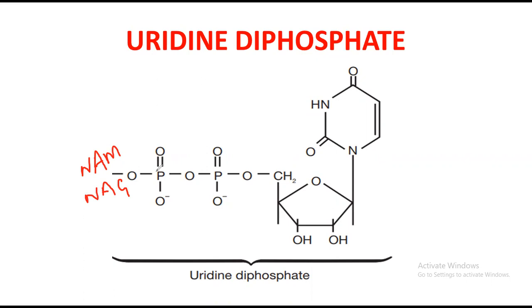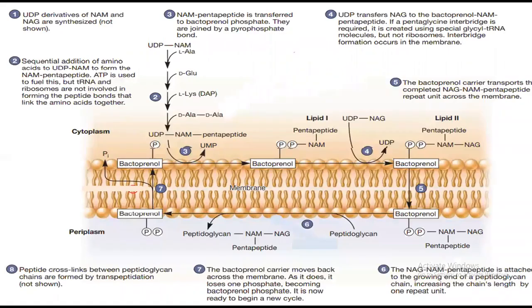Keep this concept in your mind. So this was a simple structure of uridine diphosphate. Now we will come to the main mechanism of how the peptidoglycan layer is synthesized.